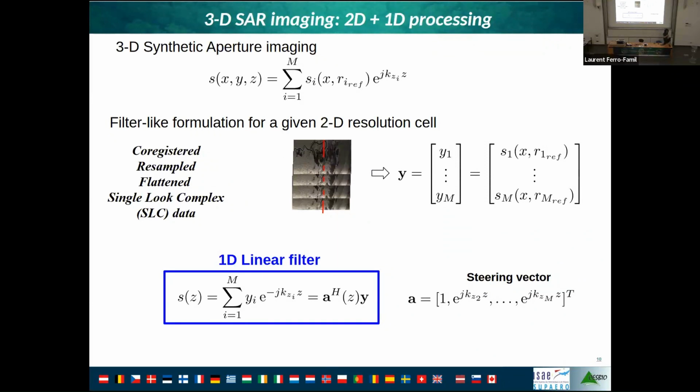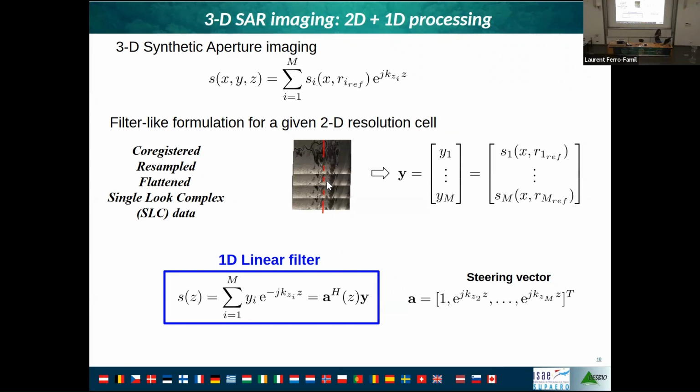So how do we do this in practice? You get a stack of data. Today you will work with a stack of, I think, 6 images that have been acquired in Africa, in Gabon, by the DLR SAR sensor, and they have already been co-registered at a given height.